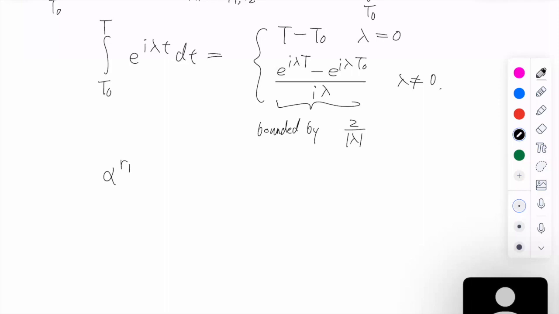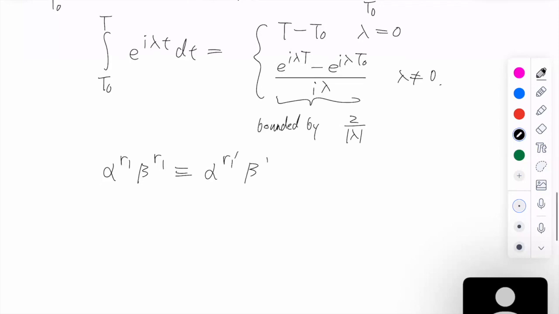So alpha R1 times beta R1 being identically equal to alpha R1 prime and beta R2 prime.